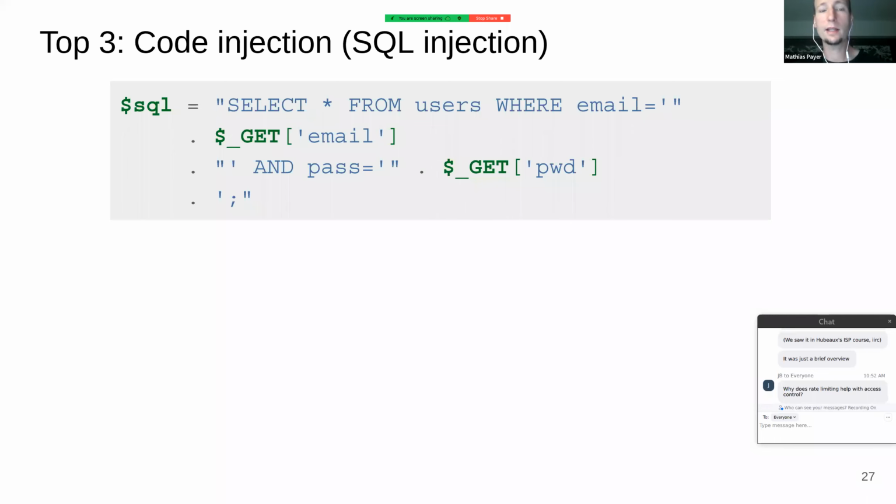We are creating a string and concatenating different parts from a program, which is select star from users where email equals and pass equals. So that's the program, and then we are adding some data to it. We're getting the email and the password variables that are specified by the attacker, and we're just concatenating a new string together.